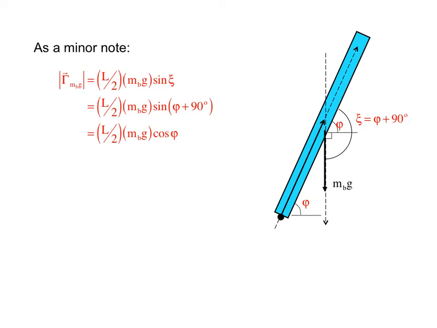And you can see that because this angle and this angle are the same, and this additional bit here is 90 degrees. I've done that because the sine of that quantity is the same as the cosine of the beam's angle. And this bit of information is going to be important because when we do the calculation using the other approaches, we'd like to be able to see if they all come out to be the same value. And in fact, they are going to all come out to be this value, but we needed to get it into this form to be able to see that was true.